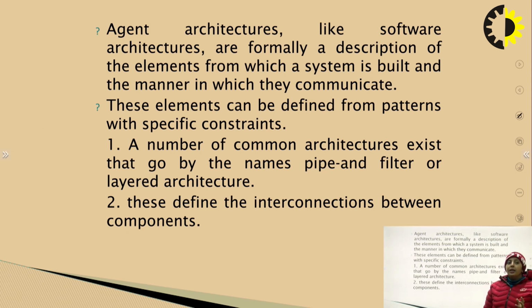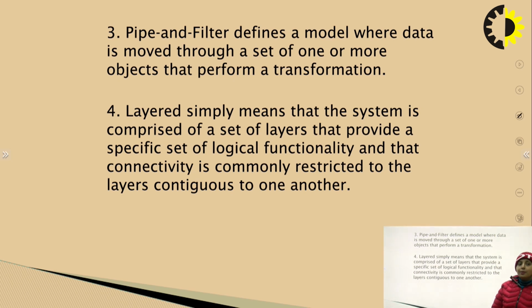Basically, the architecture is of two types. One is the pipe and filter architecture, and another one is the layered architecture. These define the interconnection, or the communication, between the components. So what does the pipe and filter architecture define?